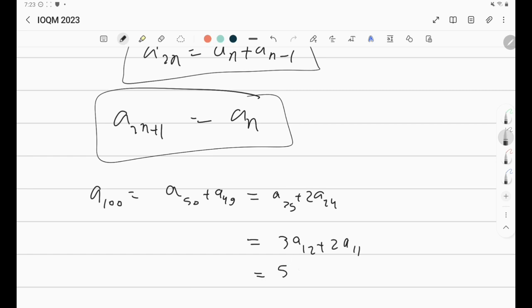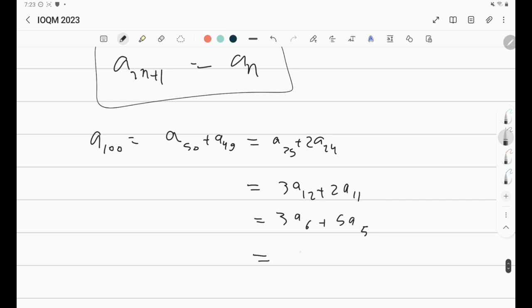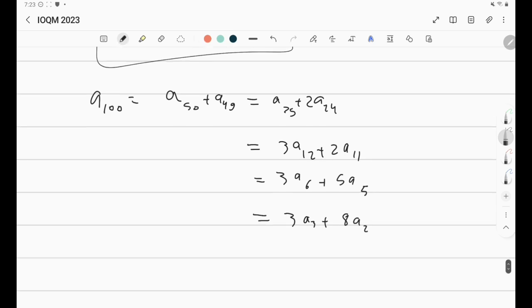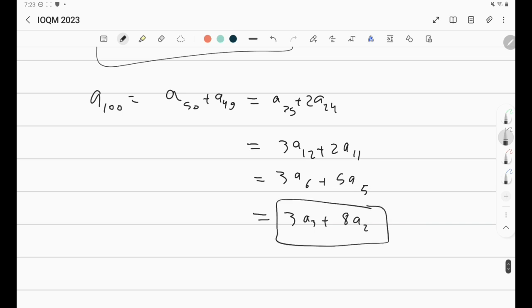You can easily see that it's actually just this: 3 a_6 plus 5 a_5. Apply it again. You're just going to get 3 a_3 plus 8 a_2. Okay, finally, this is something we can calculate.